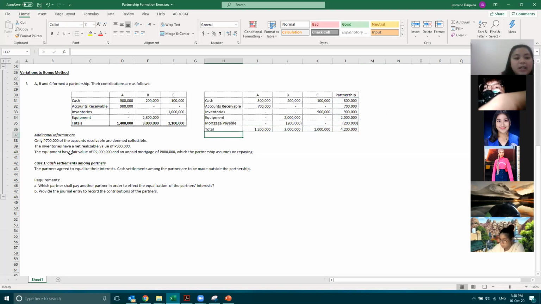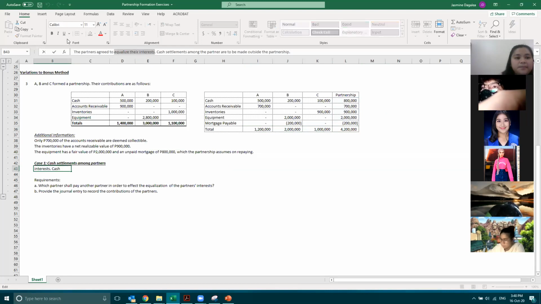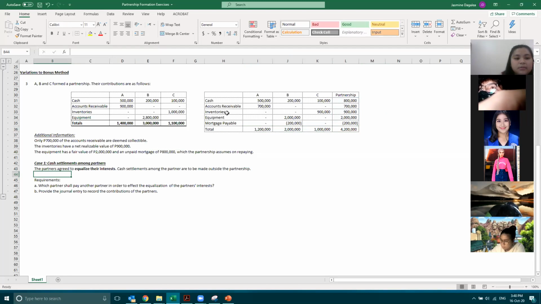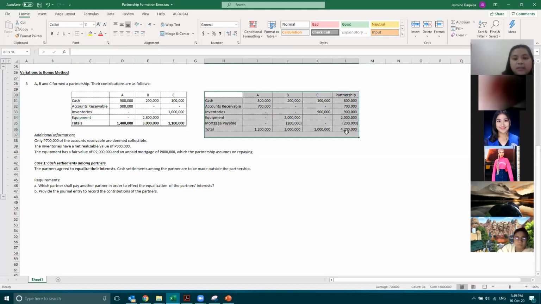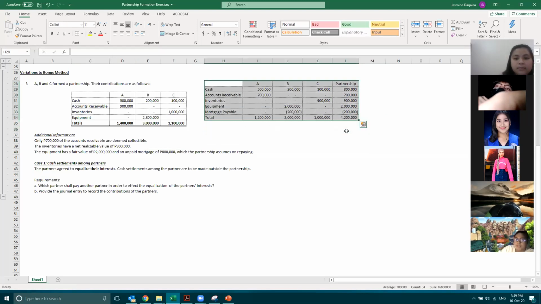So, sinabi na they agreed to equalize their interests. So, anong gagawin pag nag-agree sila na equalize yung interest? Divide by 3, ma'am.